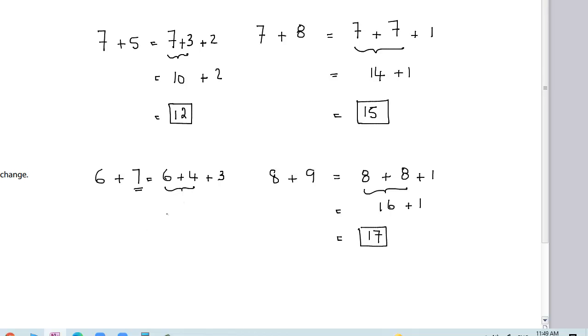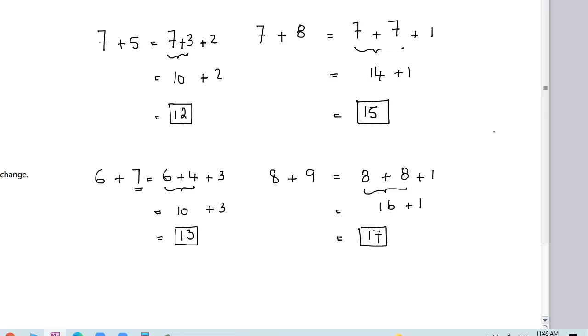And now 6 and 4, it's easy to remember. This is 10 plus 3. And because 10 is an easy number, when I add 3, it's going to be 13. And here we go. I got 6 plus 7 mentally. I don't need too much paper. I don't need too much calculation. I can do it in an easy way.